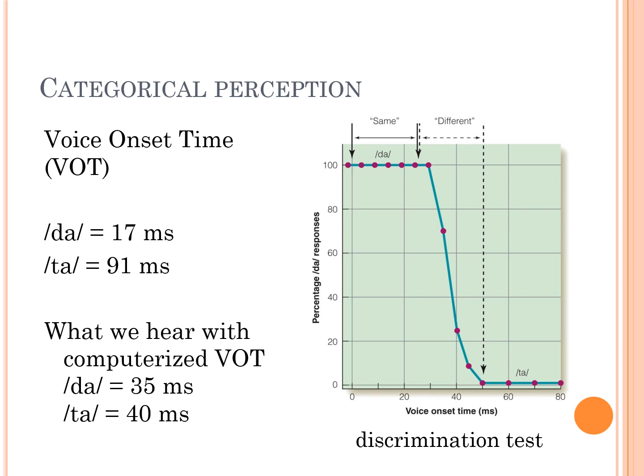But let's take that difference from about 25 milliseconds to about 50 milliseconds, that 25 millisecond difference. Now, because we're crossing that phoneme boundary, people say those sound different. So this categorical perception is, regardless of this variability, if the voice onset time is basically under 35 milliseconds, I'm going to hear it as da.